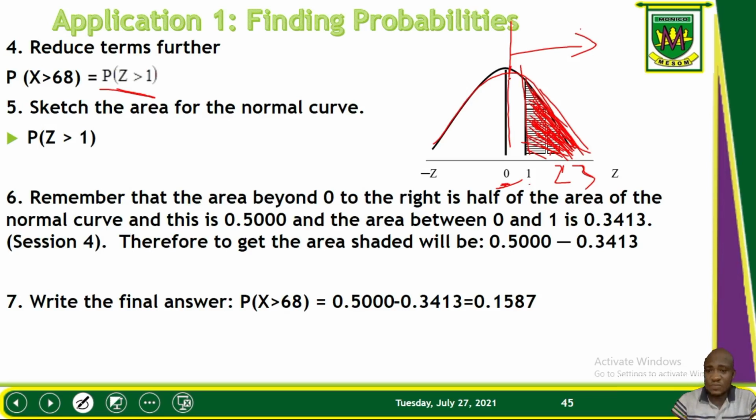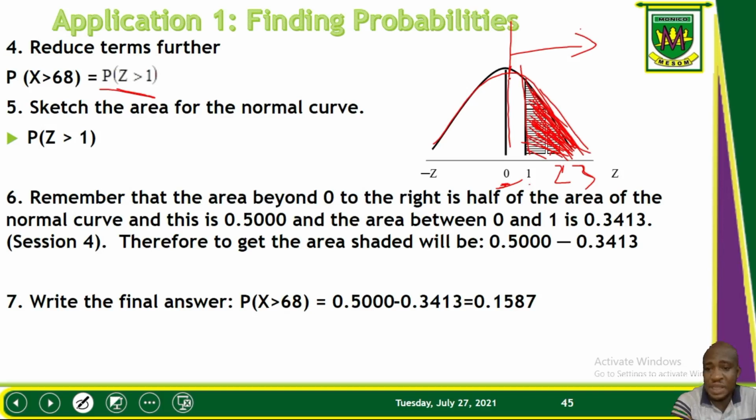And we learned that the total area under the curve is 1.0. And remember I said the normal distribution curve is symmetrical, meaning when we divide it into 2, we will get halves. So each side will be 0.5, 0.5.